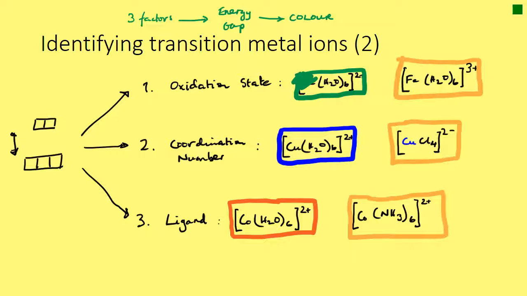Let's, in a similar way, go through an example. If we have a look at a copper aqua complex where there are 6 ligands, and that has a 2+ charge, then that's actually a blue colour.